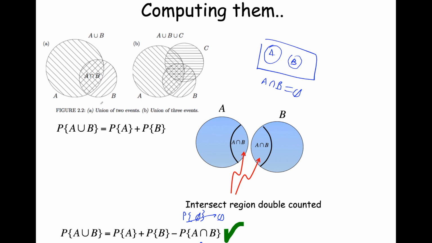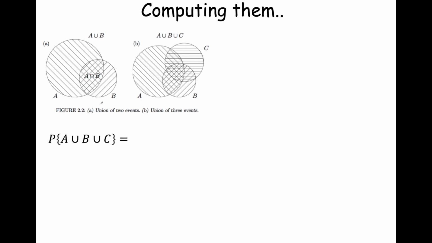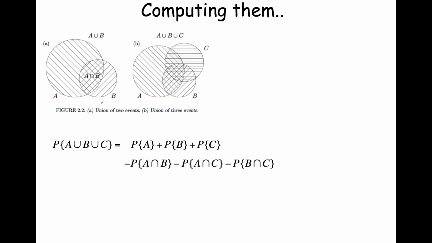Okay, so what happens if we have a three-way union between sets A, B, and C? Let's say these are events. Well, you could just take the naive approach and add A, B, and C together, and you would be wrong. Why? Well, let's take a look at what happens. With A, you have A overlapping with C. That's this region.